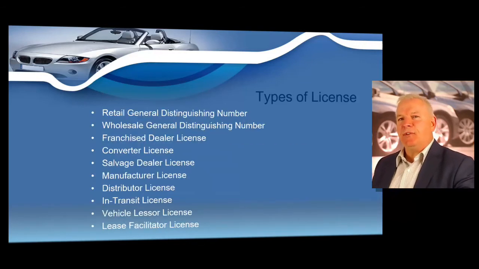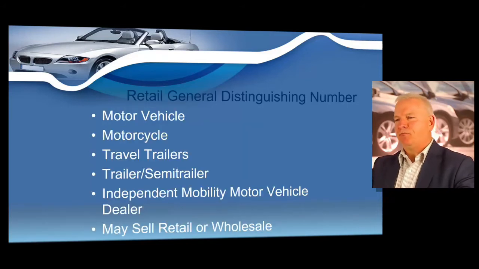The state of Texas issues the following types of dealer licenses: Retail General Distinguishing Number, Wholesale General Distinguishing Number, Franchised Dealer License, Converter License, Salvage Dealer's License, Manufacturer License, Distributor License, Vehicle Lessor License, and a Lease Facilitator License.